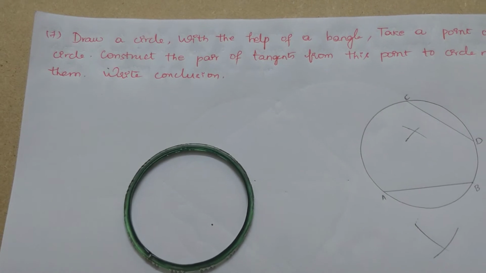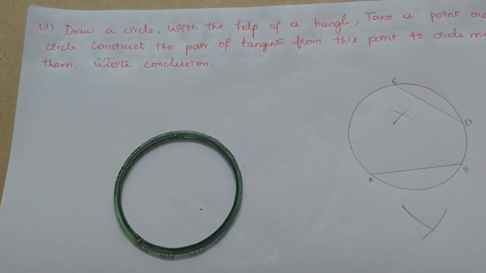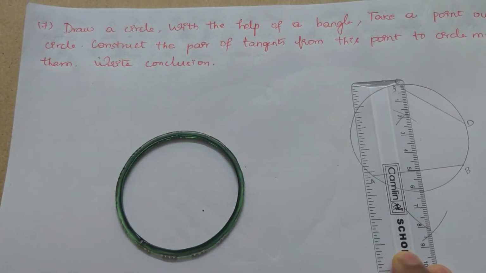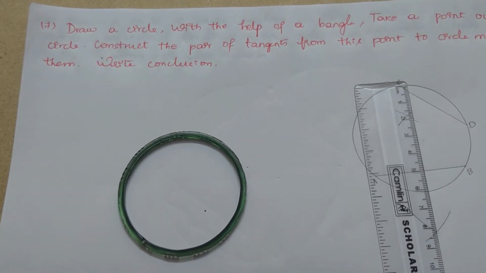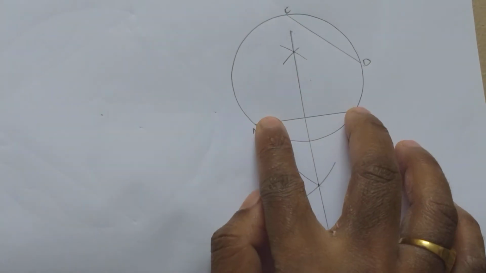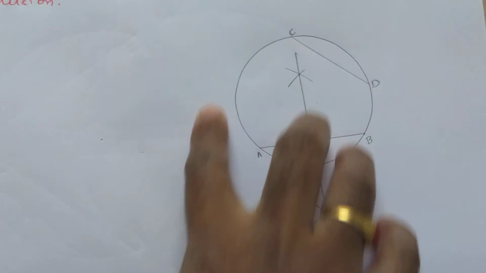So once you draw the arcs here, just join the points of intersection of the two arcs on upside and downside. Let me do that. Yeah, you can see here I've just drawn the perpendicular bisector of the line segment AB. Okay, this is the chord of the circle.